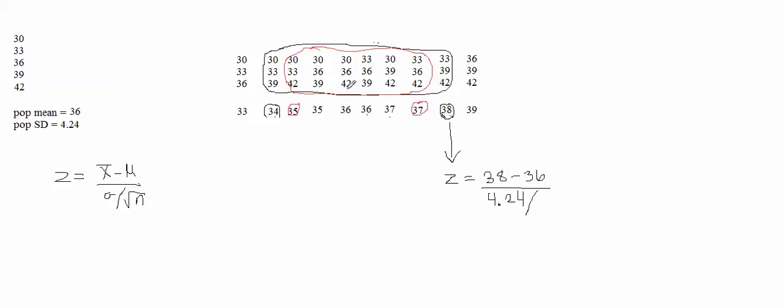N is 3 because each of the samples includes 3 numbers, so the sample size is 3, because all of these have 3.